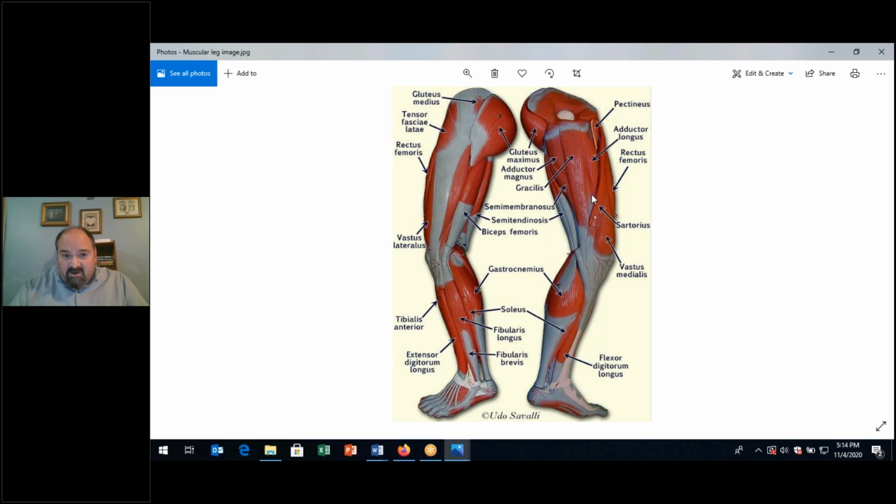Then as we come over here to this model and to finish it out, let's look over here for a moment. What you're seeing is the quadriceps muscles, so the quadriceps are the anterior thigh. There's 4 muscles. On this model, unless I remove some pieces, you're not going to see vastus intermedius.